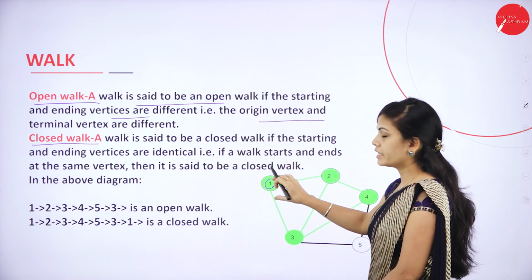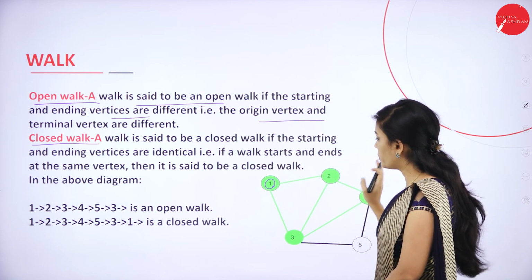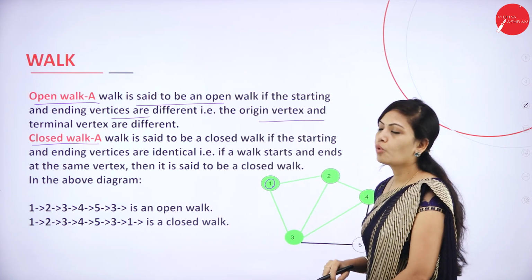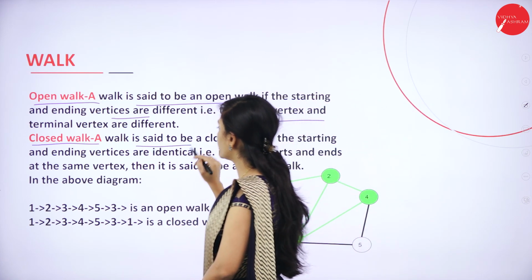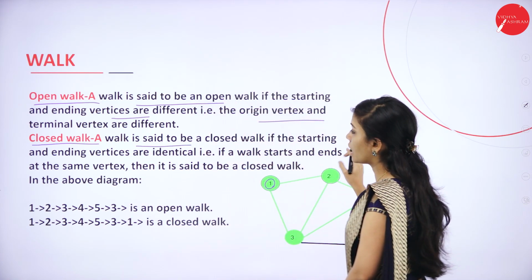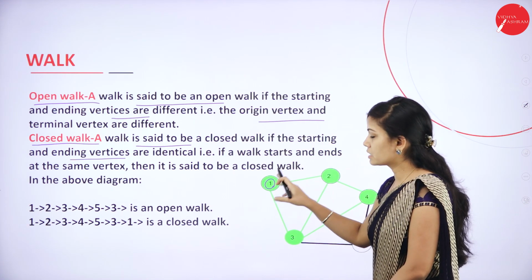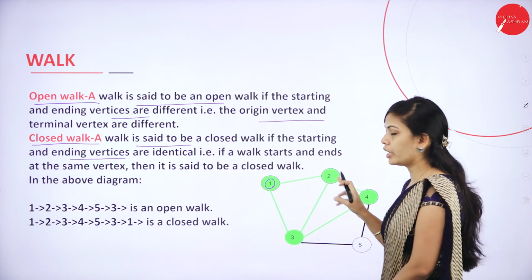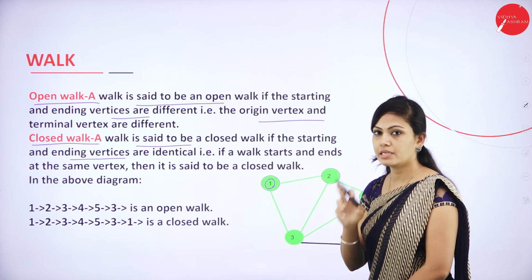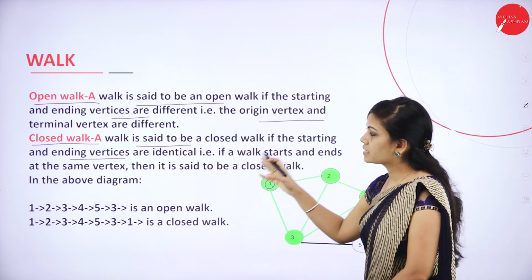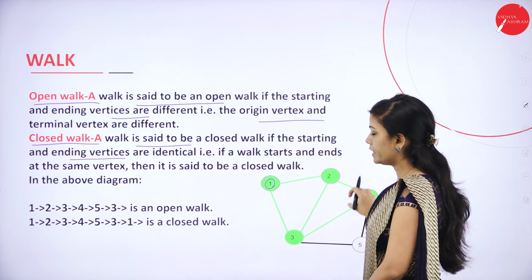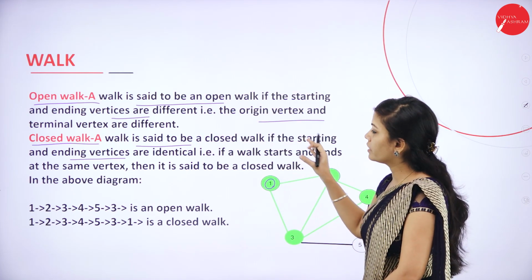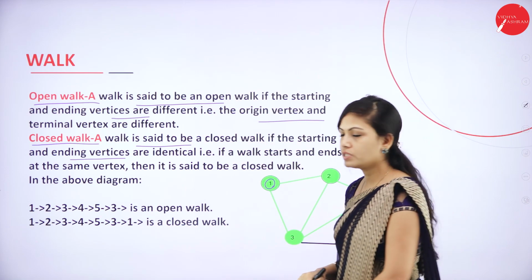That is called an open walk. And what is a closed walk? A walk is said to be a closed walk if the starting point and ending point are identical. Identical means same. Then we can consider it is a closed path.